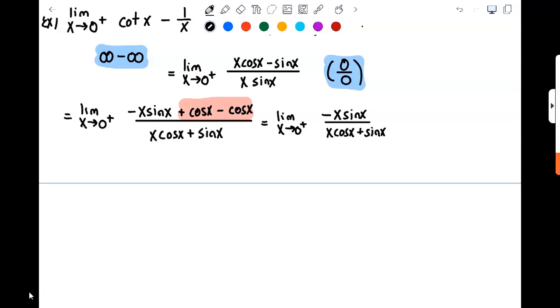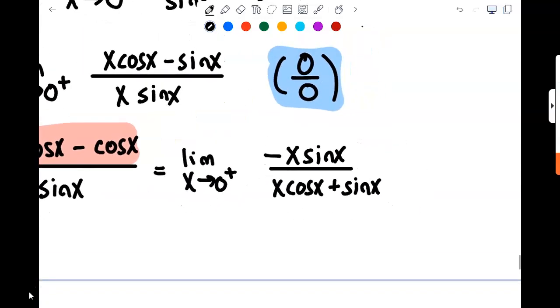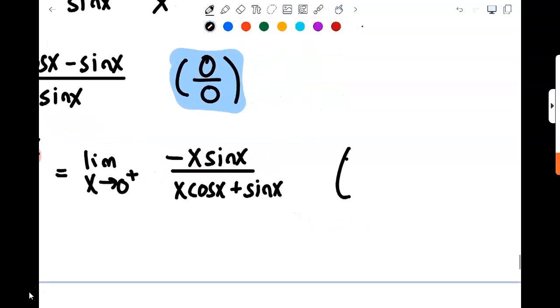Unfortunately, right now, we're still faced with a 0 over 0 limit. Right? On the top, x is going to be 0, sine is going to be 0, 0 times 0 is 0. On the bottom, 0 times 1 is 0, plus 0. So we are still dealing with another 0 over 0 limit.